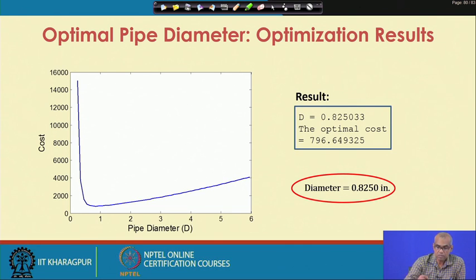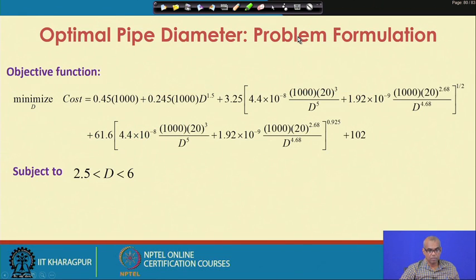So, this is if you draw the cost versus the pipe diameter. So, you basically have an expression for cost versus diameter.